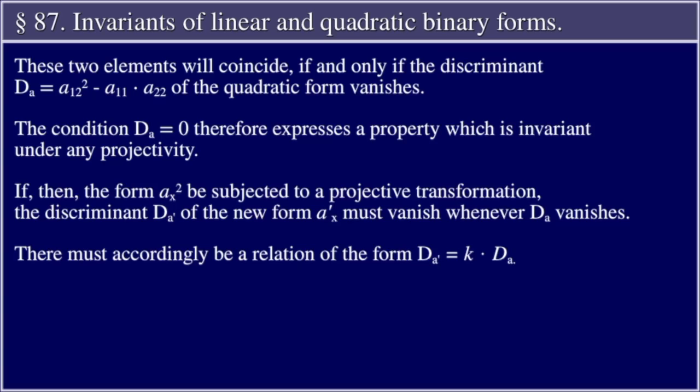If, then, the form a sub x squared be subjected to a projective transformation, the discriminant d sub a prime of the new form a sub x prime must vanish whenever d sub a vanishes. There must accordingly be a relation of the form d sub a prime equal to k times d sub a.